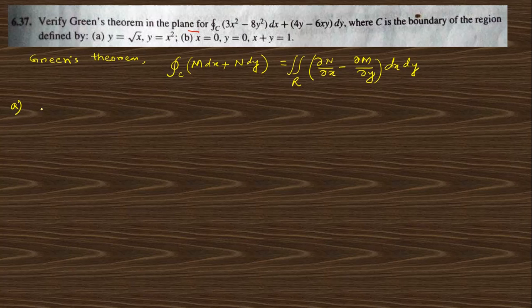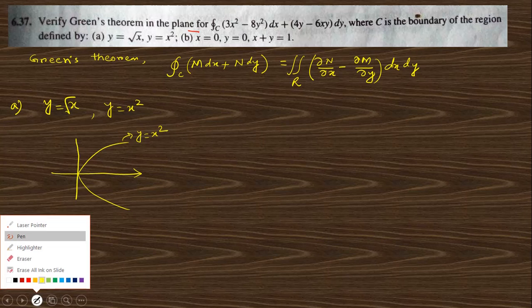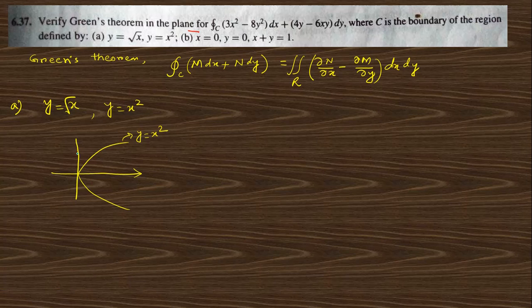So for part A, we want to draw the diagram, y equals root x and y equals x square. You all know for y equals x square the curve is like that, and y equals root x is like that.